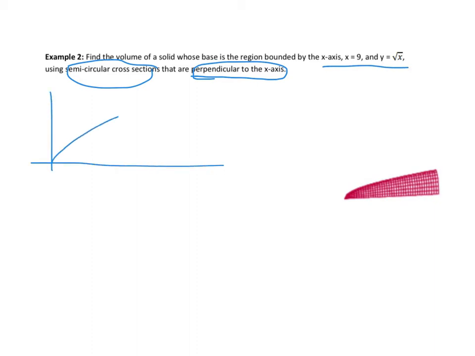So I'm going to just draw a very quick sketch of that again. Okay, so we know it's going to look like that. I found a picture of the solid that's generated. It's really hard to see it even just looking at it like this, but I'm hoping you kind of get the idea of what's happening.